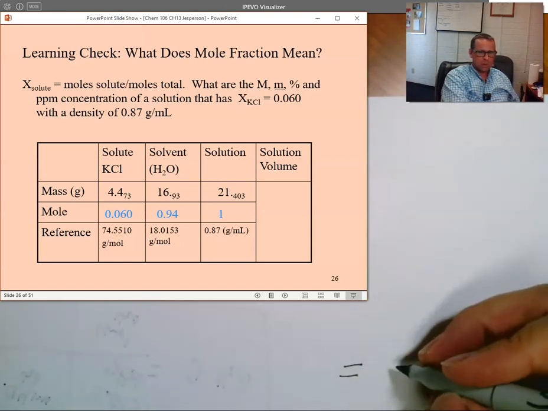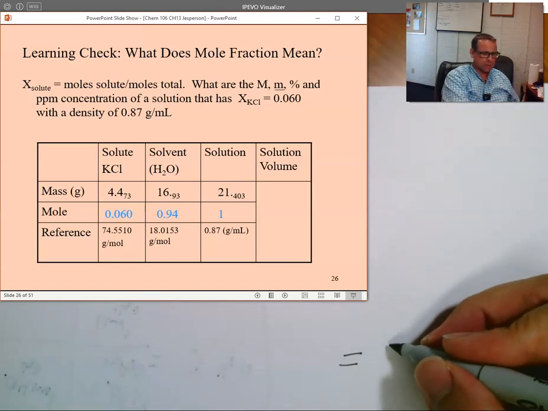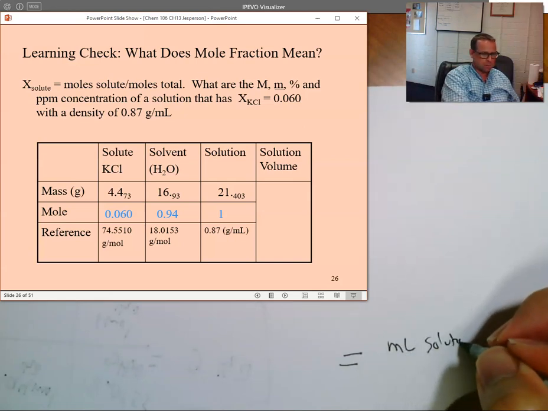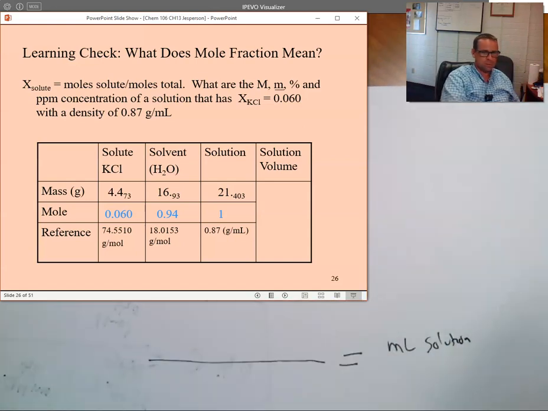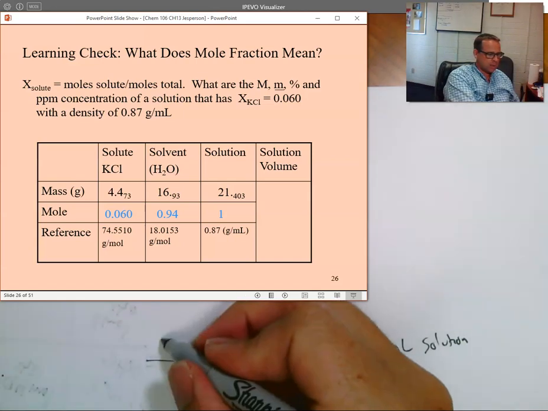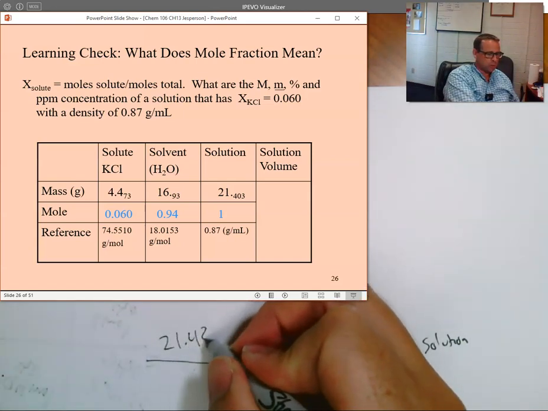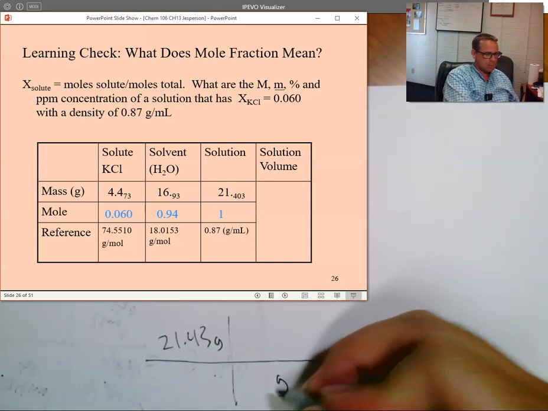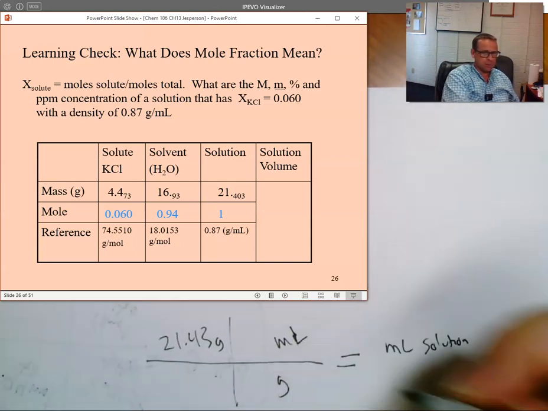Hang on a second, let's see. I want the volume of solution, so let's say milliliters of our solution. You would divide it. Okay, so I take 21.403, that's going to be in grams, and I need grams to be gotten rid of, so I need milliliters up here.